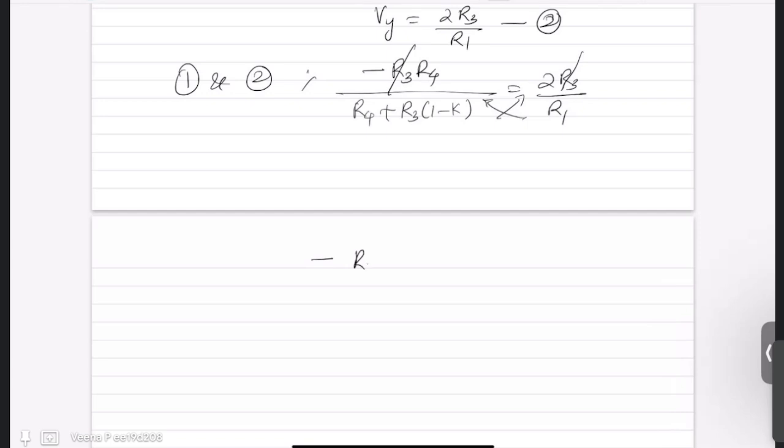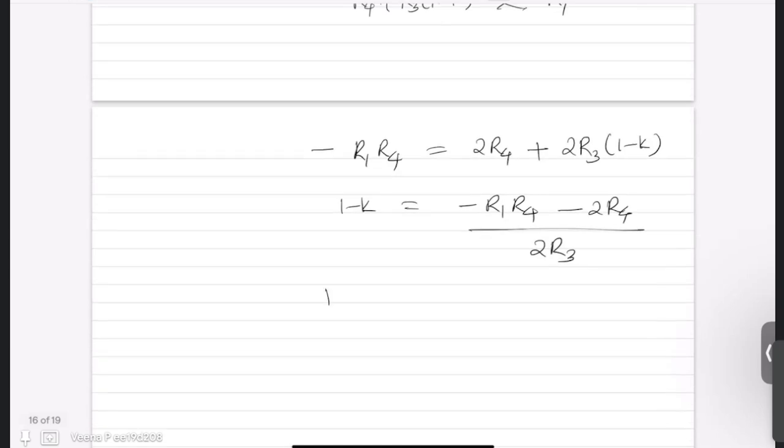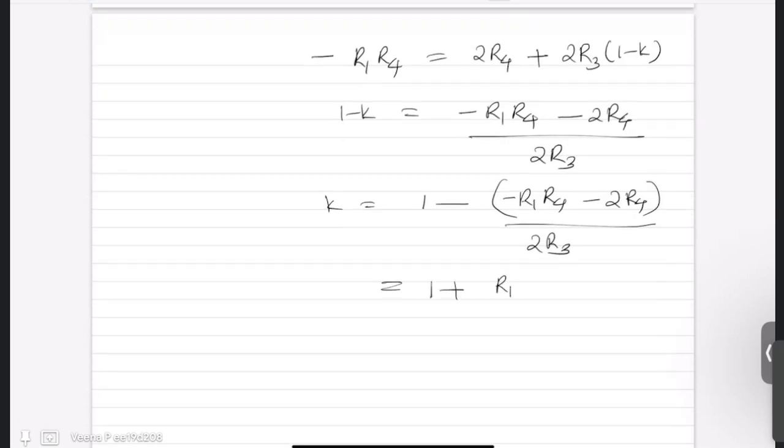That means minus R1 R4 is equal to 2R4 plus 2R3 into (1 minus K), or your 1 minus K becomes (minus R1 R4 minus 2R4) divided by 2R3, or your K becomes 1 minus (R1 R4 minus 2R4) by 2R3, or 1 plus (R1 R4 plus 2R4) by 2R3.